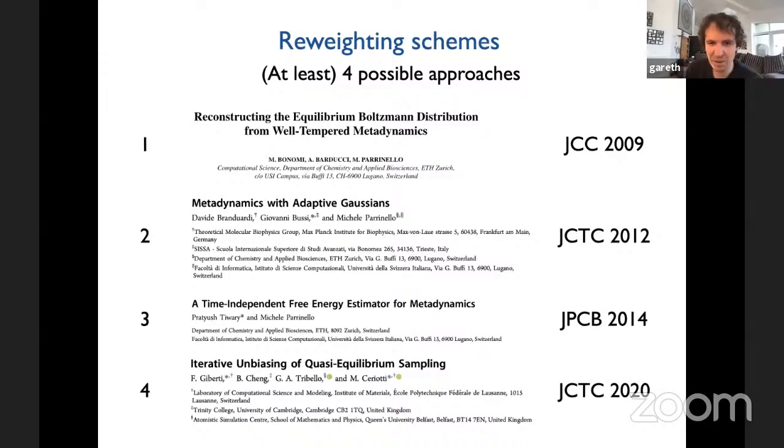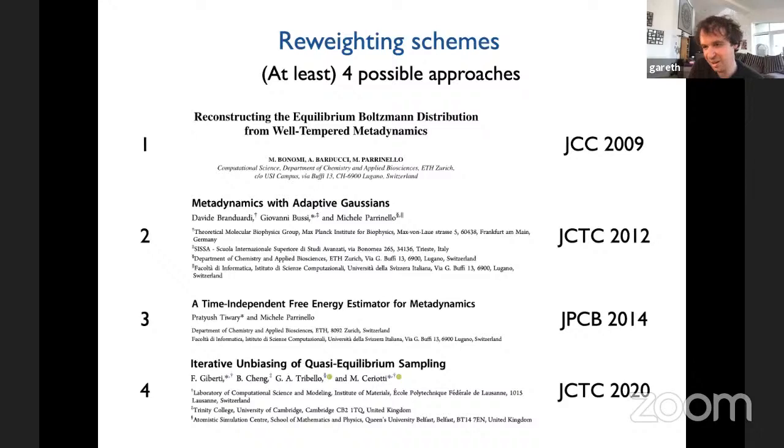The Tiwary method, which we mentioned at the beginning, basically accounts for that time dependence a bit better and maybe allows you to use the statistics that you've collected from the simulation in a more complete way. But essentially, it's the same idea.